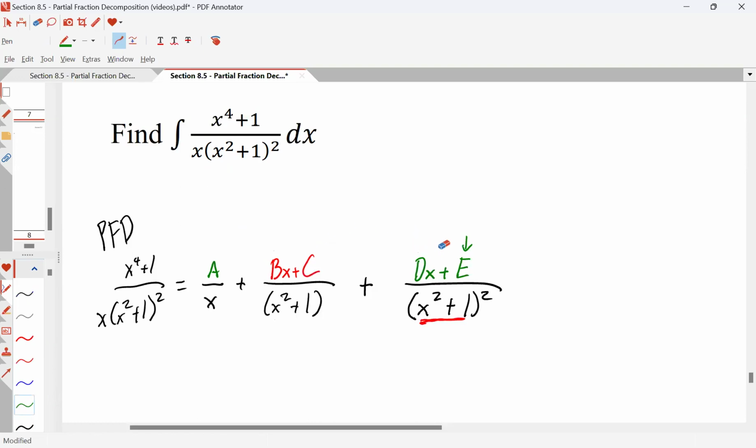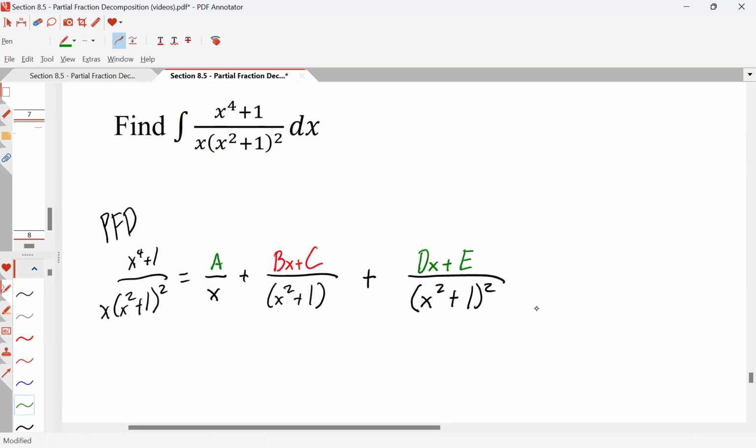That is a lot, but we will see this work out really quickly with some multiplying. So multiplying by our common denominator to clear our fractions, we get x to the 4th plus 1 on the left-hand side, because the common denominator clears everything.